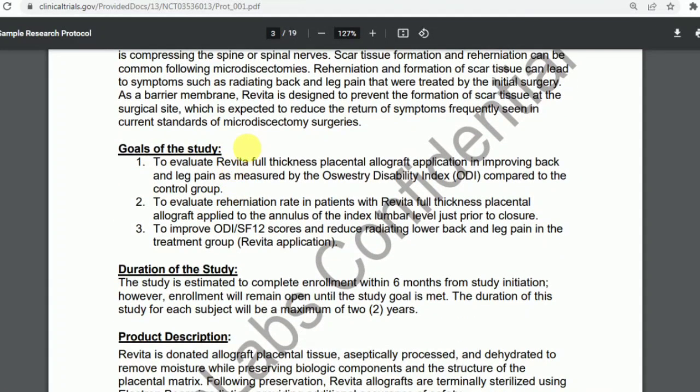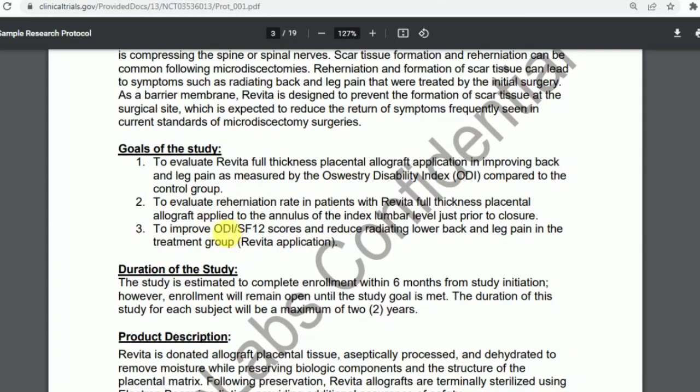Goals of the study. Each and every clinical trial should have a goal. The primary criterion for every clinical research professional is to meet the goals for the particular trial. Here the goal is to evaluate Revita, full thickness placental allograft, measured by the ODI technique compared to the control group, and to evaluate the reherniation rate in patients with Revita full thickness placental allograft.